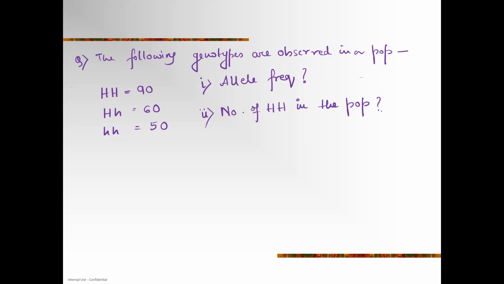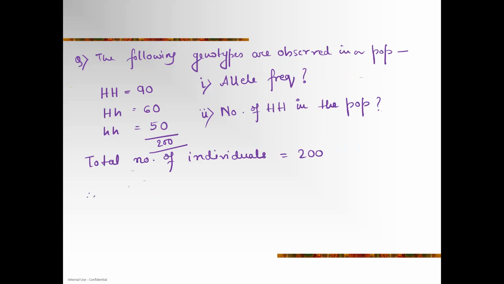First of all, from the given data only we can find a lot. Yes or no? The first thing we can see is the total number of individuals. How many? 200. From where are we getting 200? See, if you add these, you get 200. So your total number of individuals becomes 200.